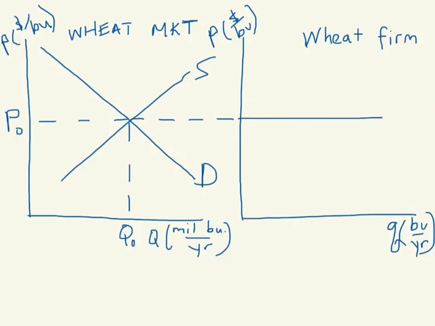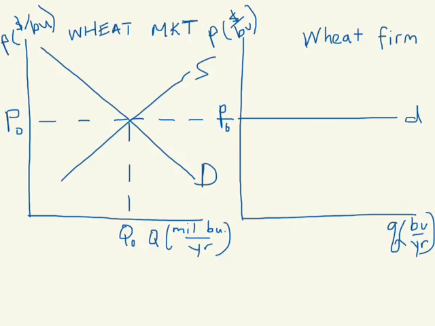And it turns out, because this farm is so atomistically small relative to the market, that the demand curve he faces is simply a horizontal line at the going market price. In other words, the farmer can sell all he wants to at that market price. If he tried to raise price, everybody would say, hey, I've got 999,999 farmers offering me the wheat at P0 per bushel.